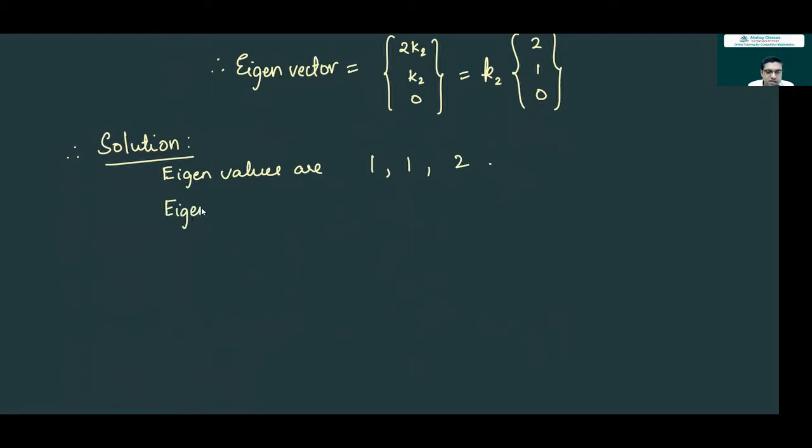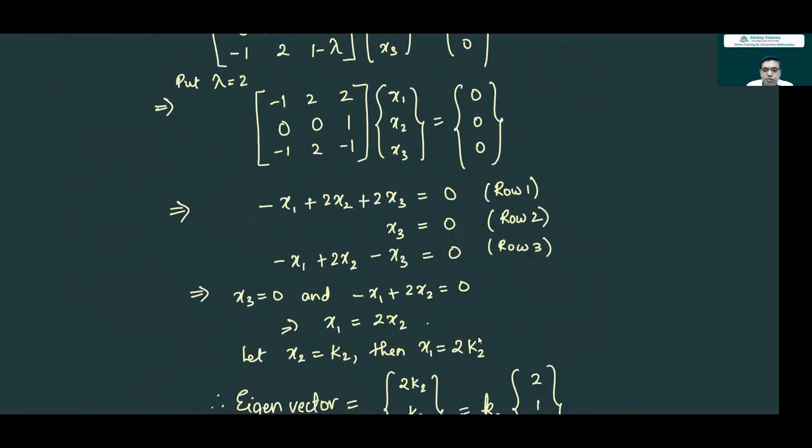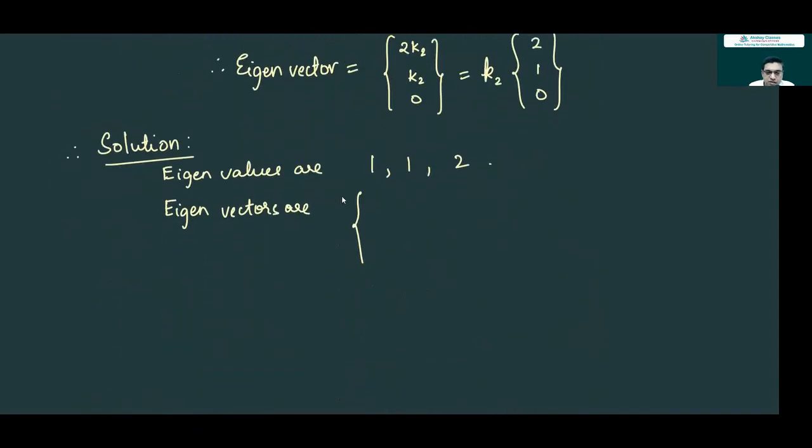Eigenvectors: first case you get minus 2, minus 1, 1. And that will repeat again, minus 2, minus 1, 1. Same, and 2, 1, 0.